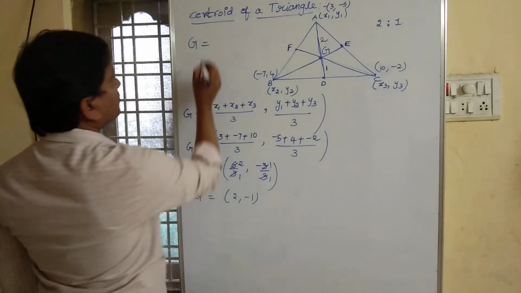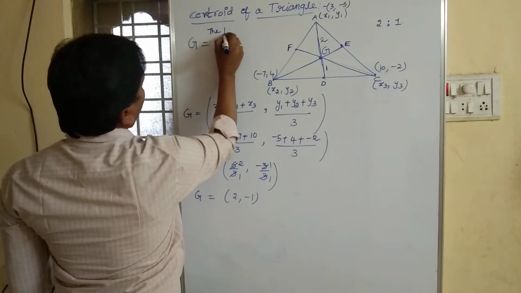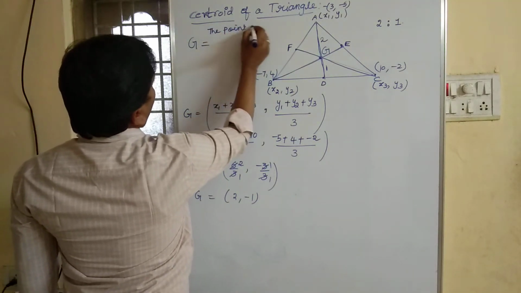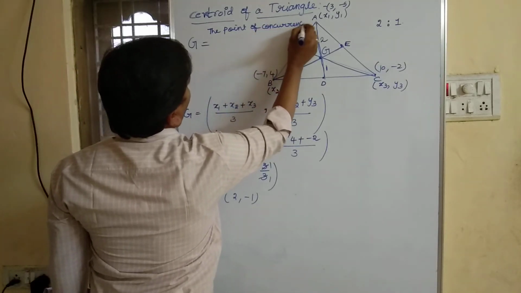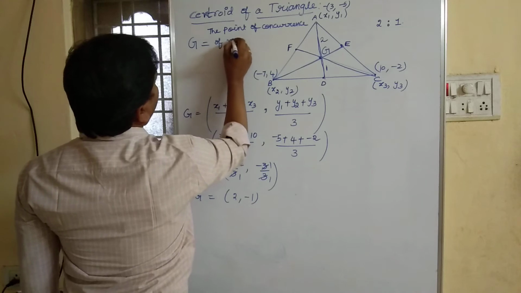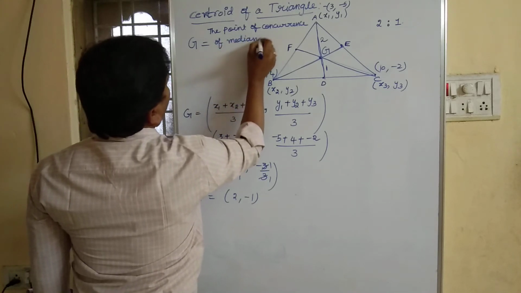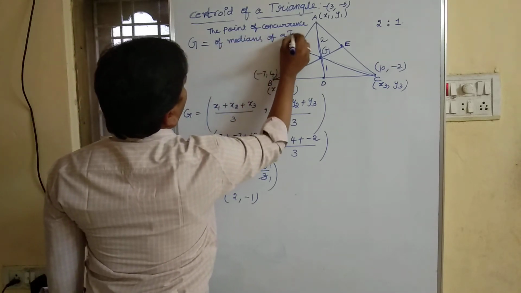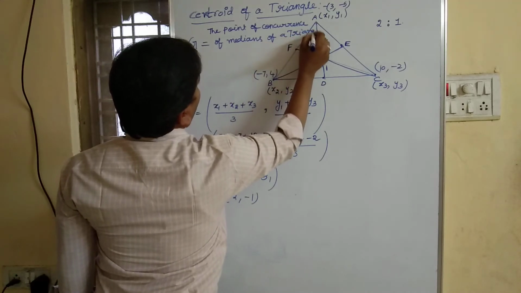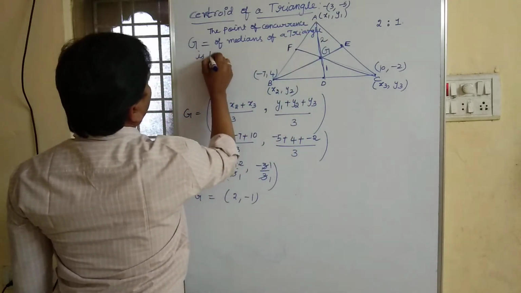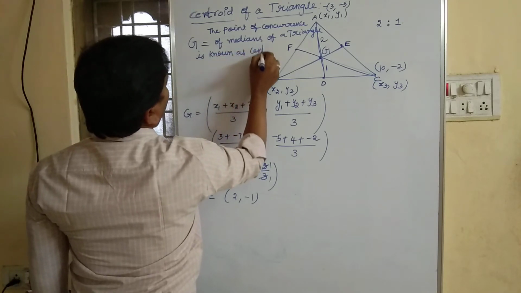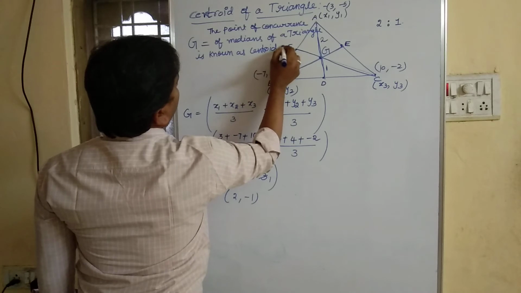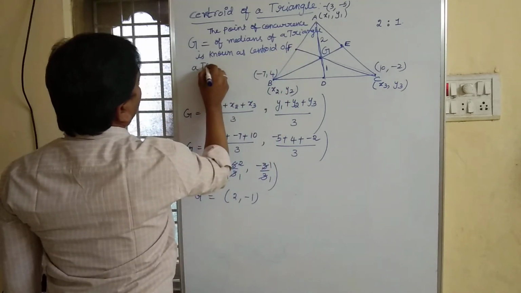So what is the definition of centroid? The point of concurrence of the medians of a triangle is known as the centroid of a triangle.